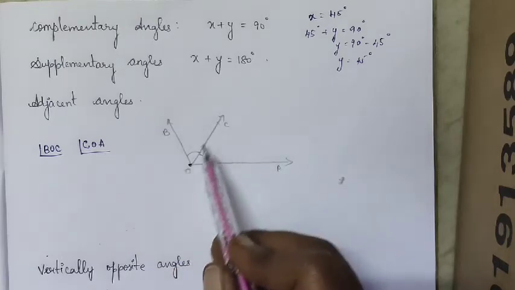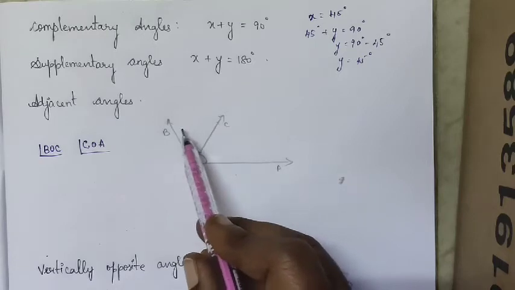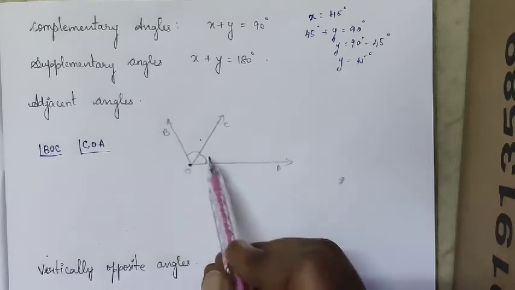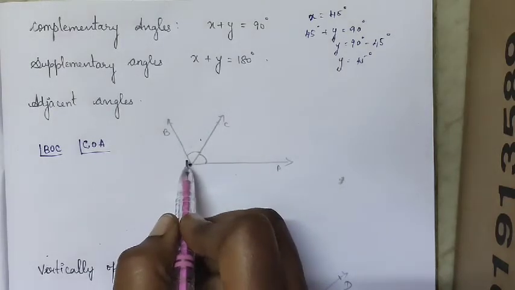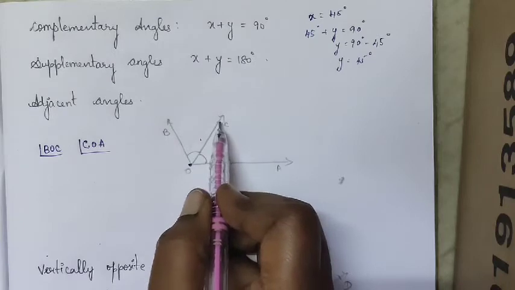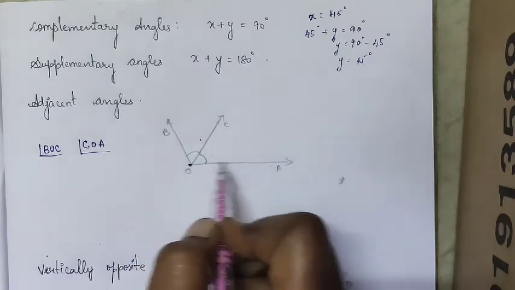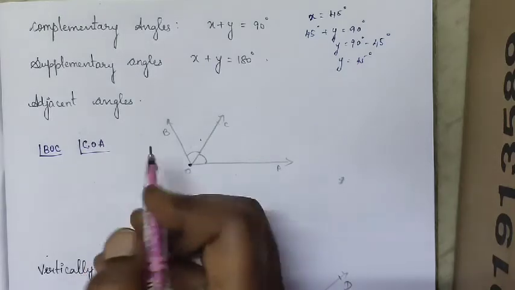If this common arm divides the angle into two parts, then these two angles are called adjacent angles. These angles BOC and COA are adjacent angles.